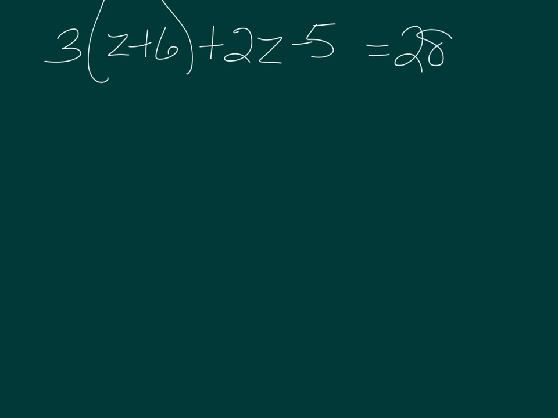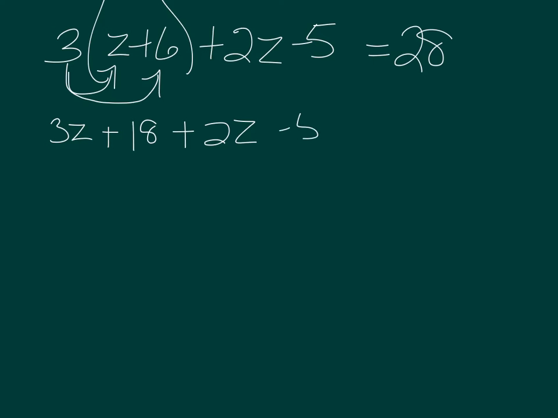First thing we have to do again is to distribute. So 3 times z, we get our 3z. 3 times 6, 18. Both numbers are positive, so we have an add sign. Copy down the rest of the problem.